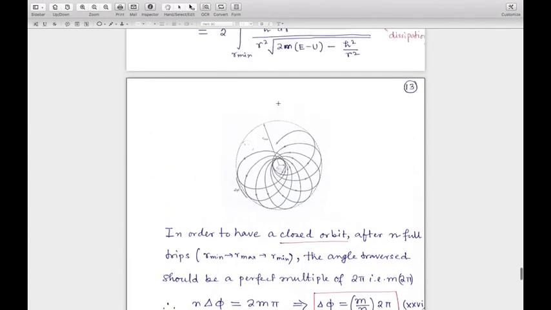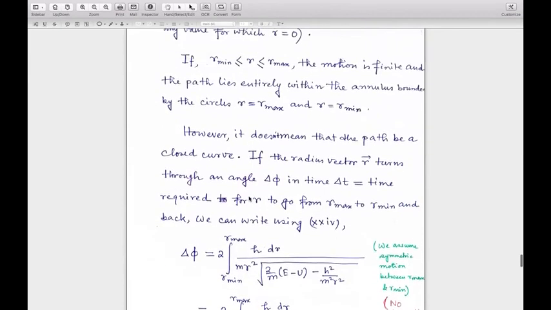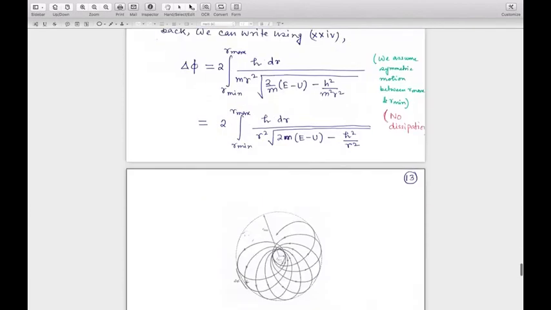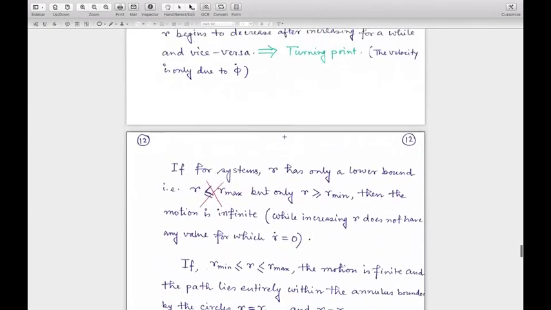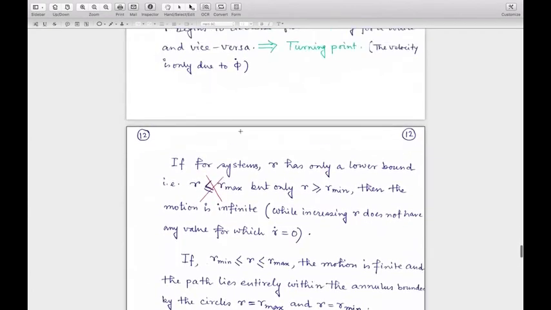So at this point it changes the direction of its motion. But at this point it is not at rest. That's what I am saying. The total velocity is in the tangential direction. It's only due to phi dot.